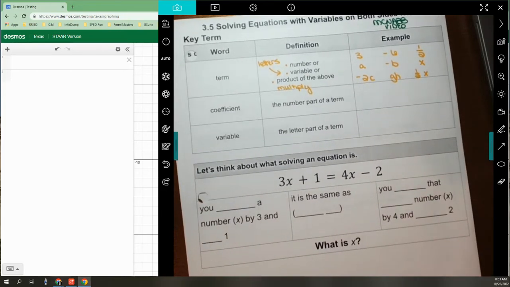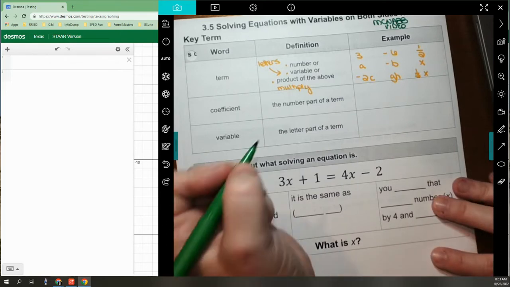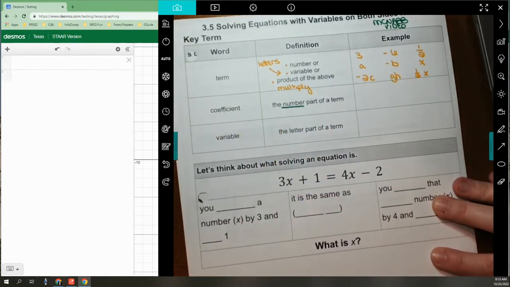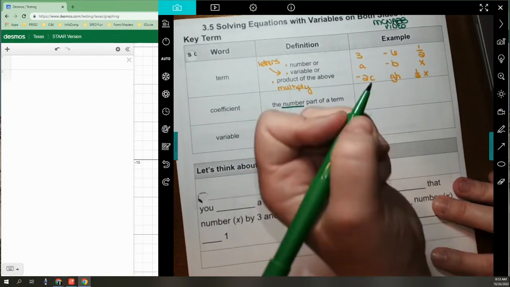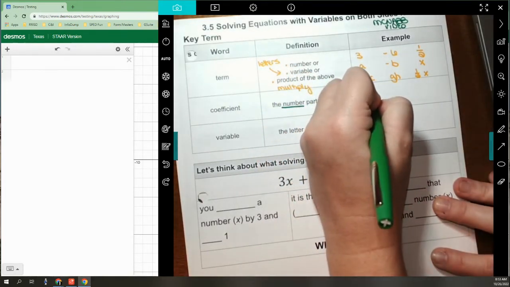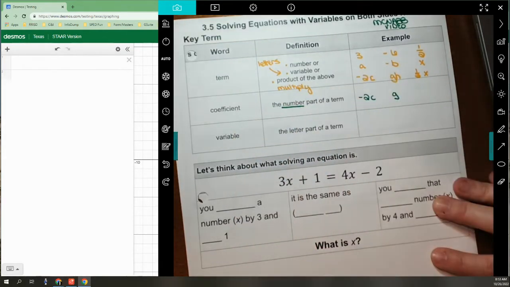Next up, let's talk about coefficients. The coefficient, just like we talked about earlier, is the number part of the term. Okay, so let's pull some examples here. We have -2c. Let's think about g.